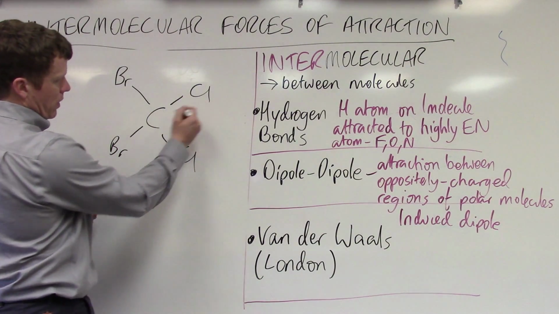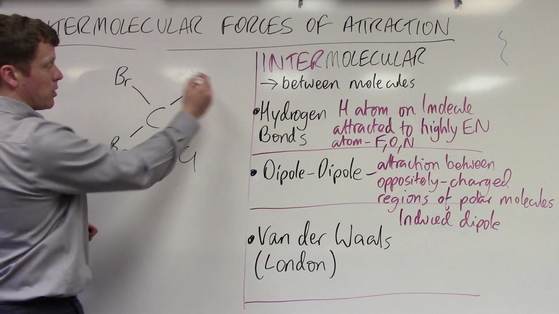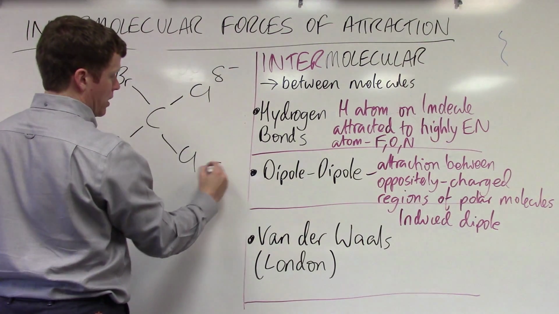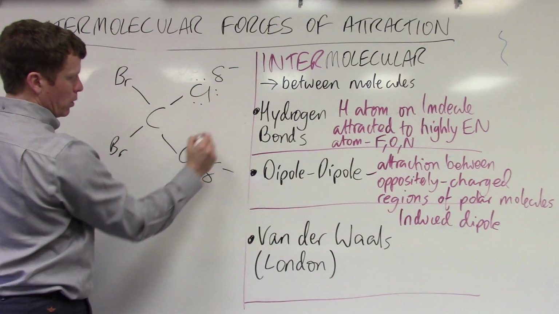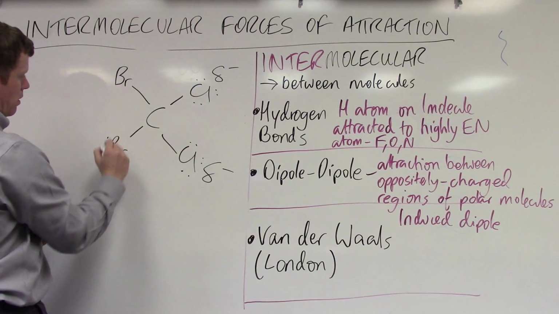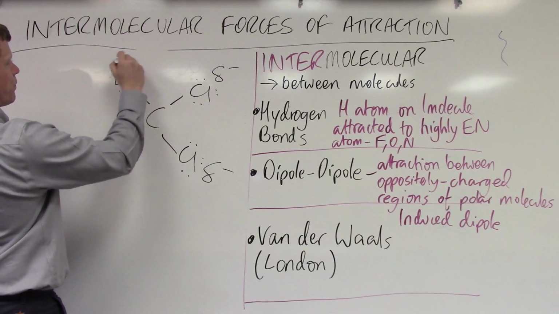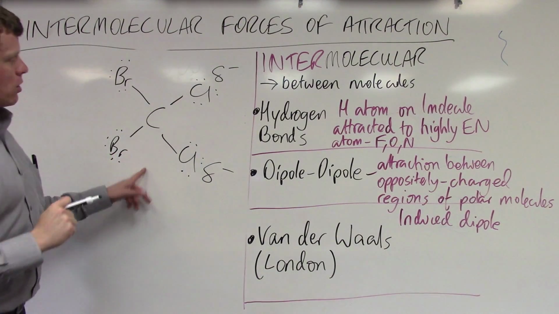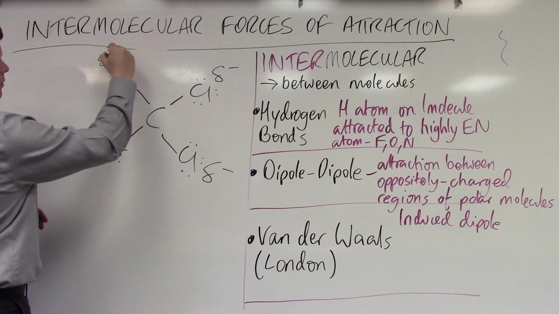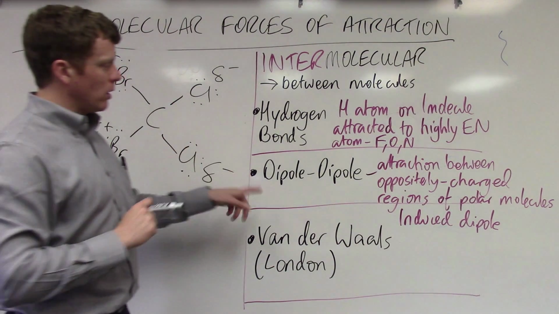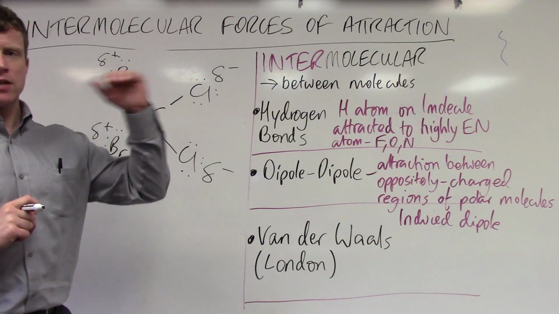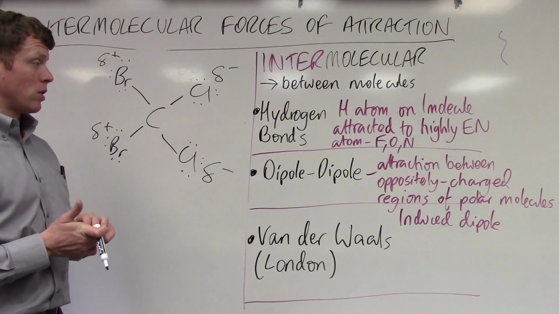So the difference between electronegativities of the carbon and chlorine means that this chlorine, or these chlorines, would be delta negative because the electrons are all being pulled towards that atom, just off lone pairs. So there's a delta positive area, delta negative area, so a dipole. So remember, a dipole is when you've got negative area, positive area, so it's a polar molecule.